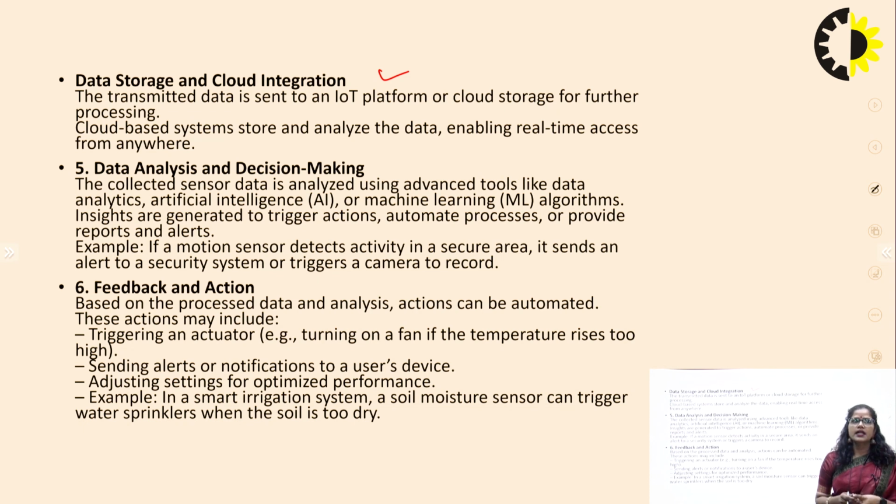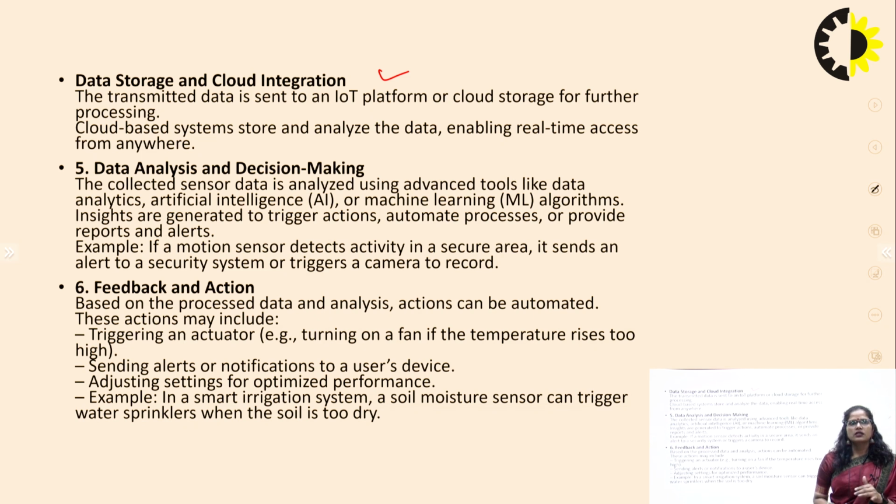Next step is data analysis and decision making. Basically, the data collected through the sensor is analyzed using advanced tools like data analytics, artificial intelligence and machine learning algorithms, and these insights are generated to trigger the action. Because for what purpose are we collecting this information? We want to perform some actions automatically, without human intervention.